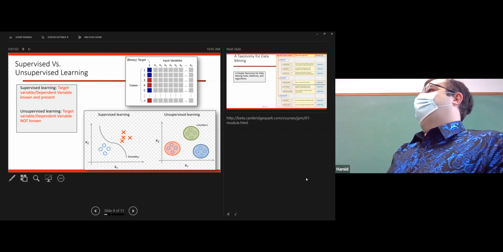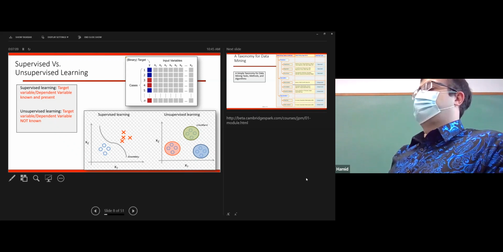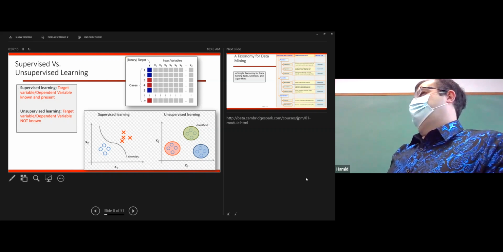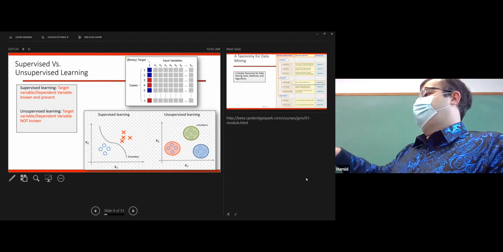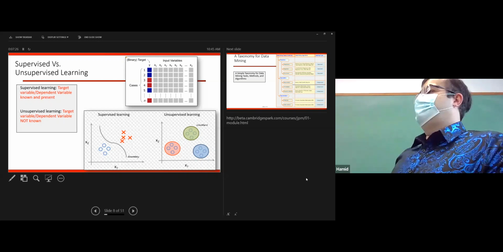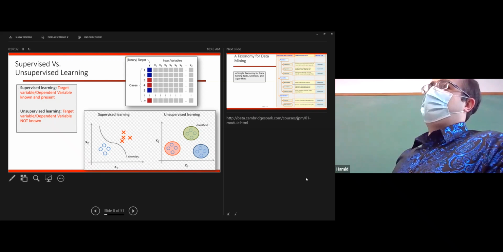But let's say you're a marketing company and you want to target some ads to certain people. Here we don't have a dependent variable. We just want to find some people that have similar characteristics. Maybe we can divide people into certain groups and target different types of ads for them. In this case, you don't have a dependent variable to predict.